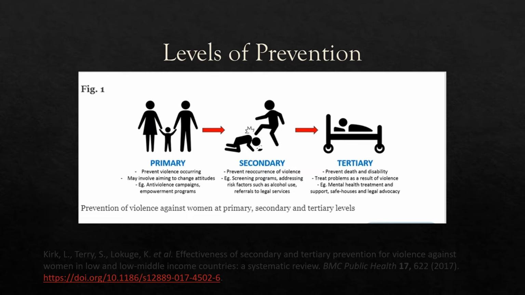Secondary was to prevent the reoccurrence of violence after it had occurred, so preventing a subsequent episode of violence, which is really actually more tertiary prevention, but certainly recognizing risk factors.